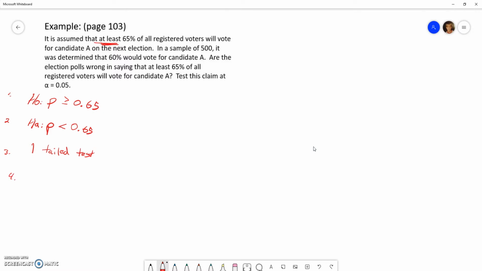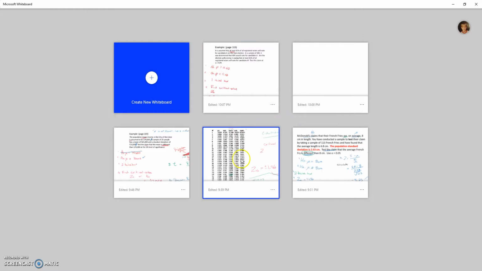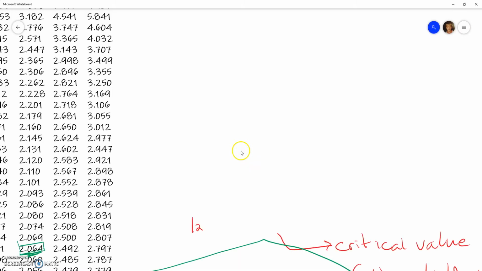We're going to find a critical value, so that's the key word. Find the critical value. A proportion test is always based on a Z value. So remember, alpha in this case is 5%. And remember, we can always find our critical values on the t-distribution table, which is right here.